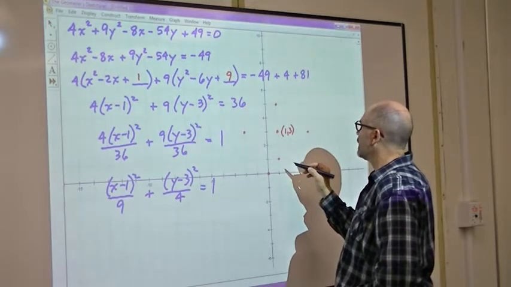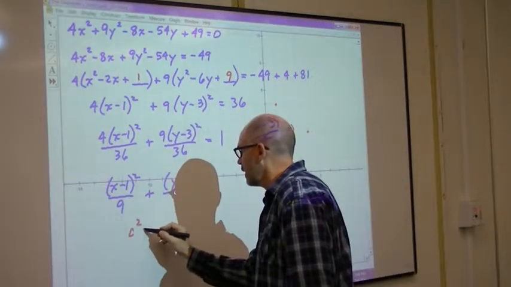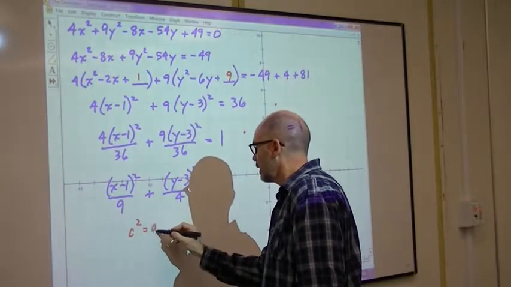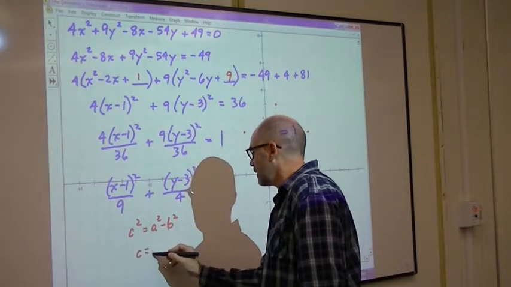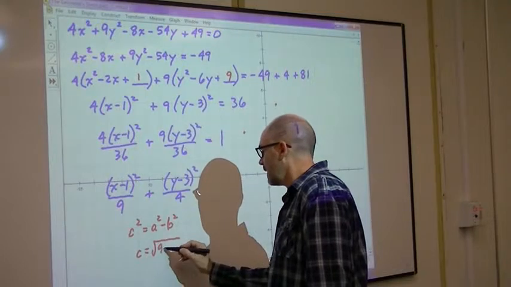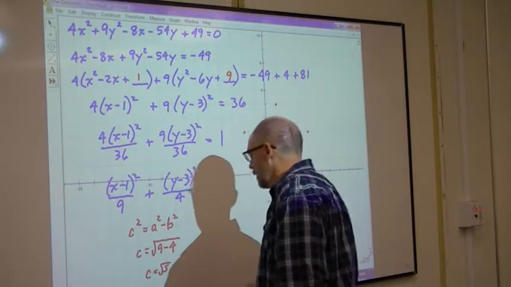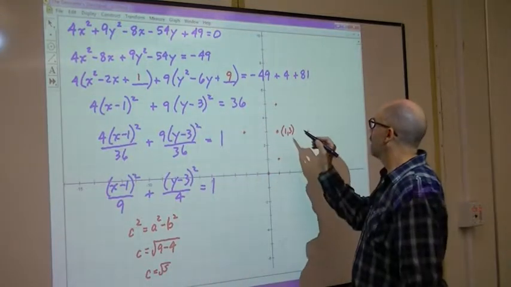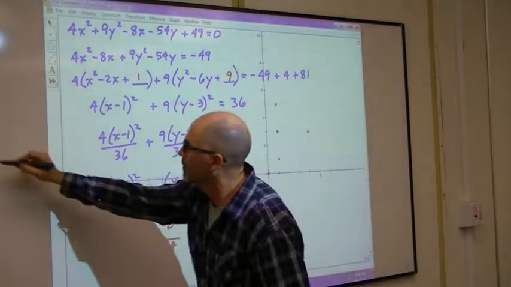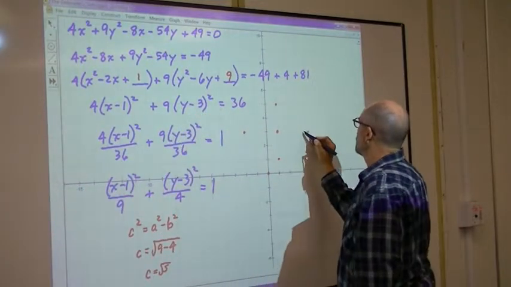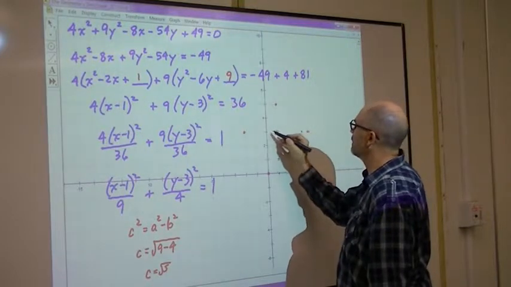And the last thing I know is that c squared equals a squared minus b squared. So that means c equals the square root of 9 minus 4. So c is the square root of 5, so that's about 2.3. We go 2.3 to the right of the center and 2.3 to the left of the center.